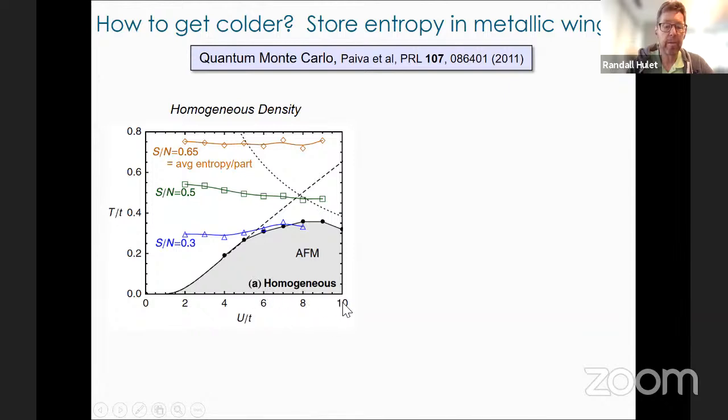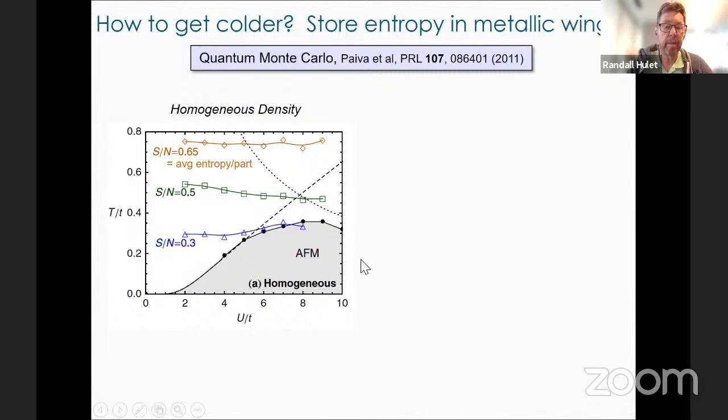This is the case where the density is homogeneous. And it turns out that according to quantum Monte Carlo, the entropy per particle is about 0.3 kB in order to enter into the antiferromagnetic regime, but it's just a very, very thin sliver at that entropy. And you have to go below that if you really want to get deeply into this phase.